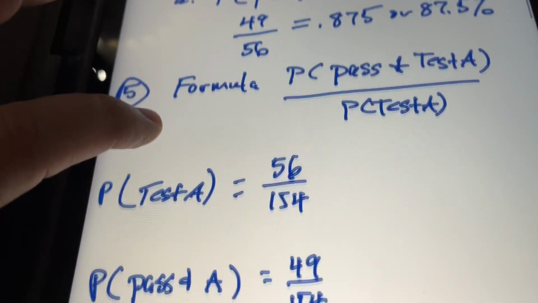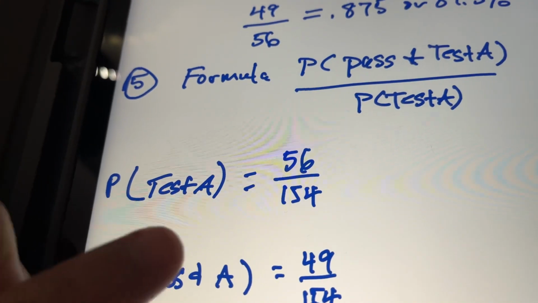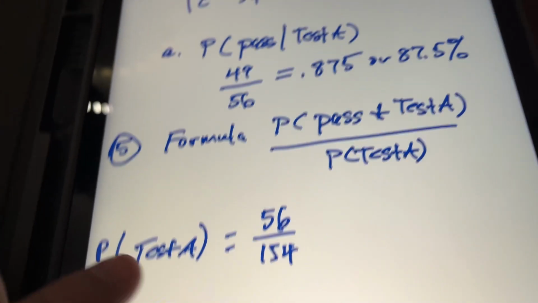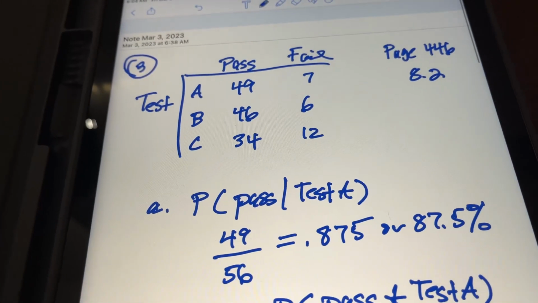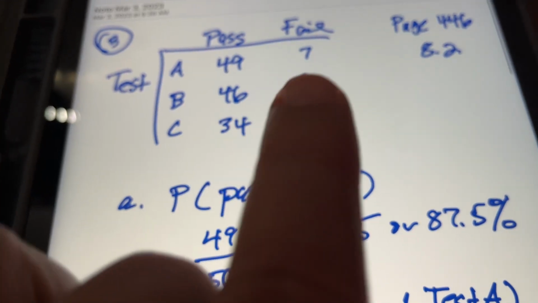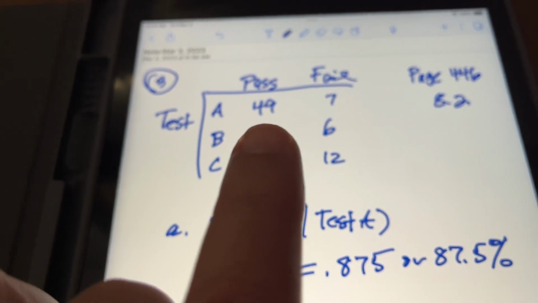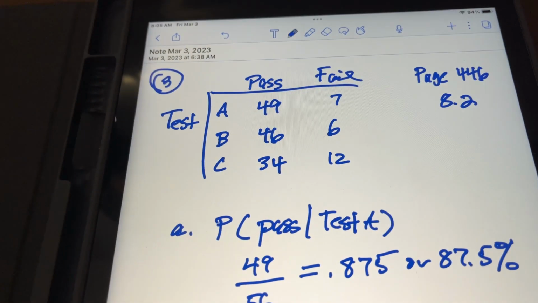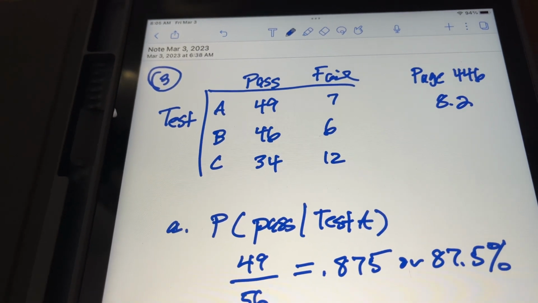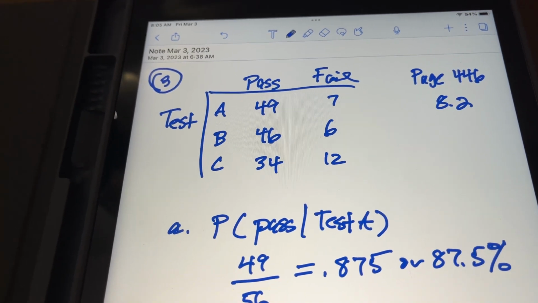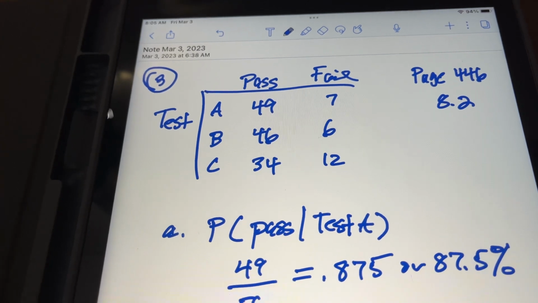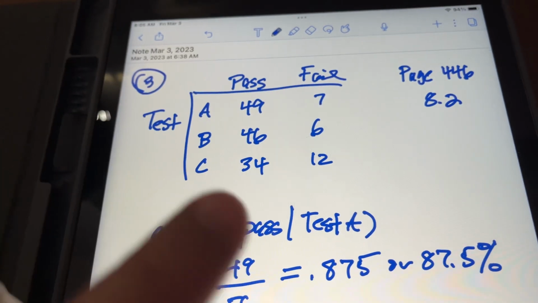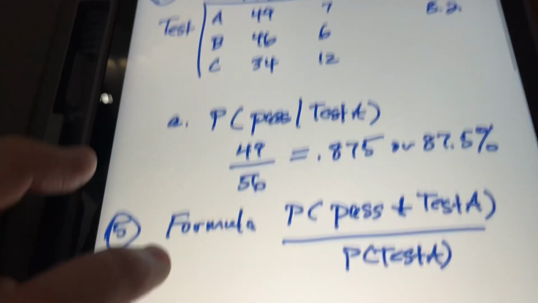Notice that if 49 people passed and 7 failed, that's 56 total people that took test A. So that's 56 divided by 154, because if you add all of these up, there were 154 tests.